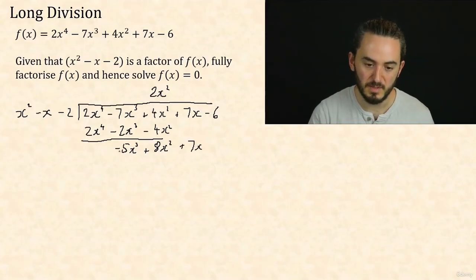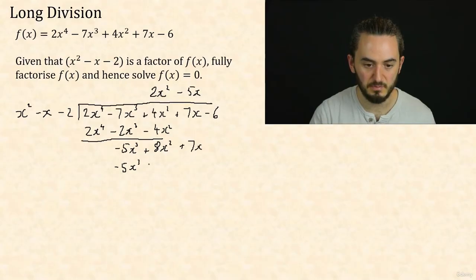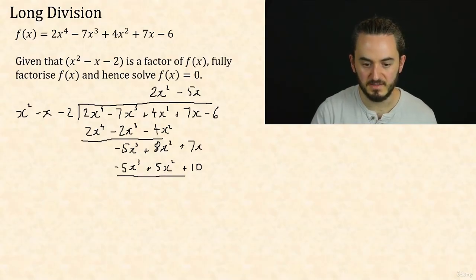Okay, what do you need to multiply x squared by to get minus 5x cubed? It's minus 5x. So multiply minus 5x by all of this, and we get minus 5x cubed plus 5x squared plus 10x. Subtract.